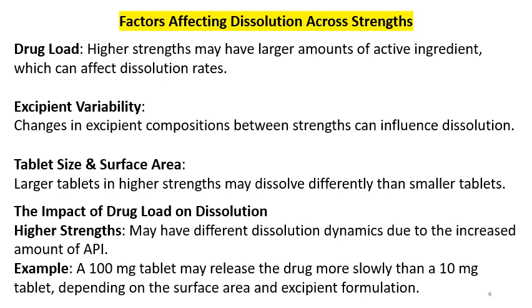If you perform the dissolution of the 100 mg tablet and 10 mg tablet with the same dissolution conditions, like 900 ml of media, 50 rpm, then you can see that the 100 mg tablet is slower compared to the 10 mg tablet dissolution rate. It is very obvious because it will take some time to dissolve 100 mg, while the 10 mg will get dissolved at a faster rate.